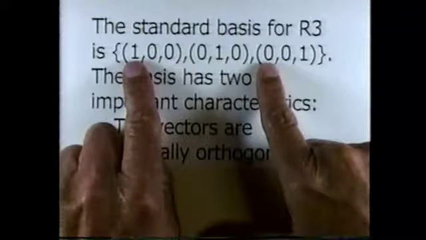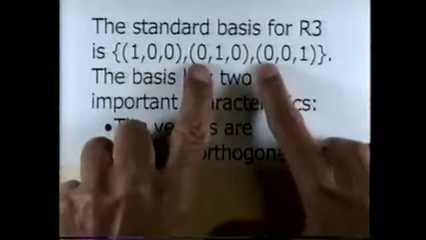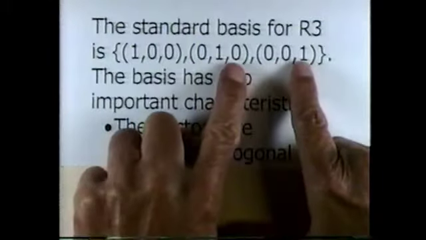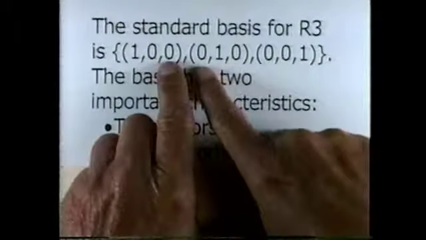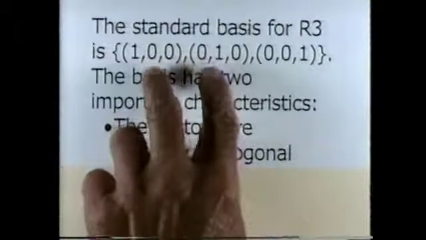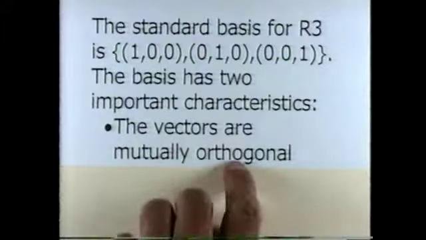Do the dot product here, 1 times 0 plus 0 times 0 plus 0 times 1. The dot product here, 0 times 0, 1 times 0, 0 times 1. So no matter which ones you pick, if you do the dot product, you get 0. If the dot product is 0, that means the vectors are orthogonal.